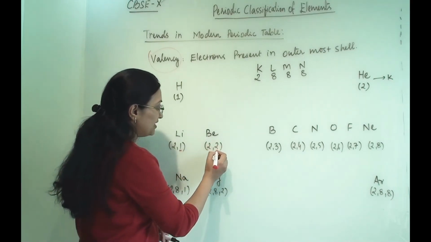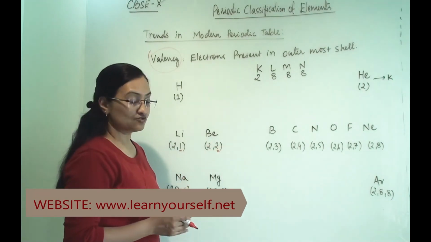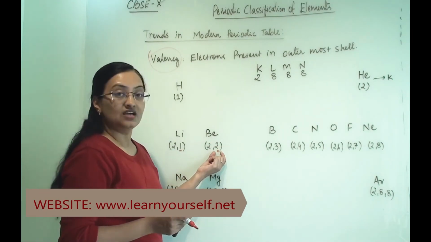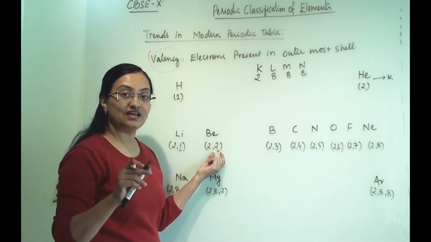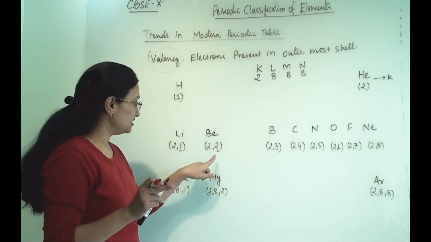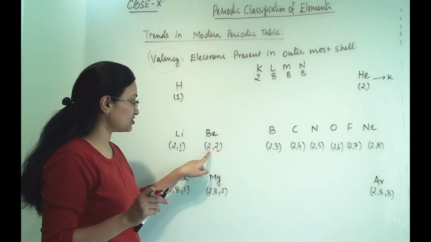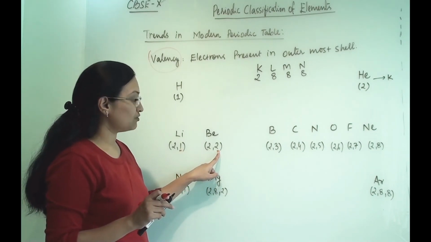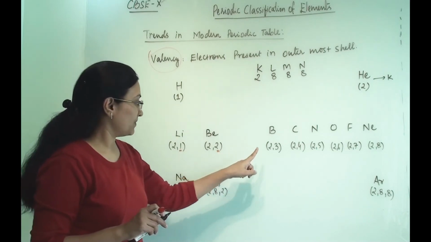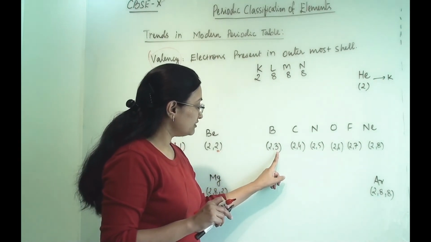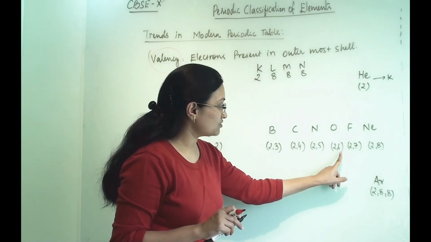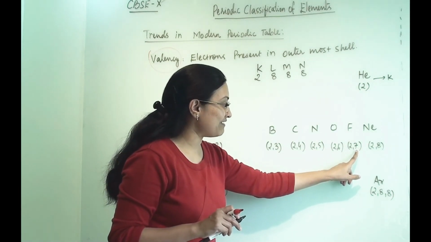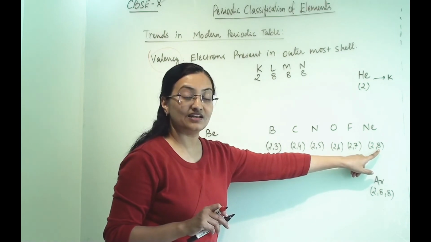Now here beryllium. So 2 electrons are there. So 2 electrons are the valence electrons of beryllium. How many electrons are there in the outermost shell? 2. This is the outermost shell, and this is the inner shell. So here 2 electrons are valence electrons. For boron 3 electrons, carbon 4, nitrogen 5, oxygen 6, fluorine 7, and for neon 8 valence electrons are there.